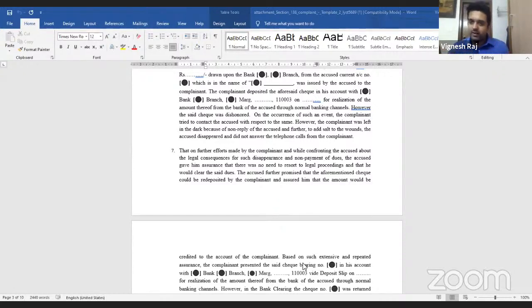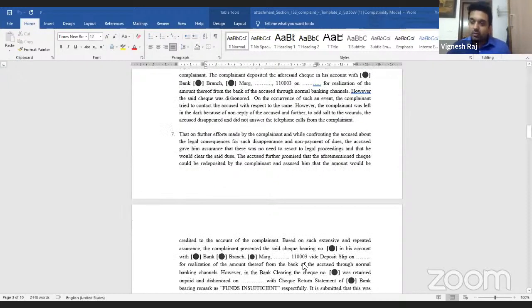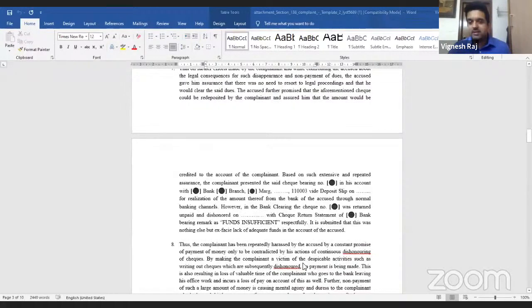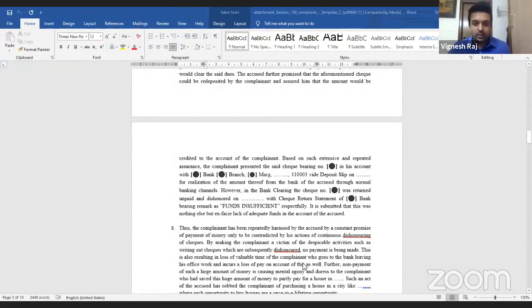It will correlate when the tracking ID number is put into India Post or whichever courier company you choose, and it will disclose that the item has finally been received on such and such date by the accused. The contents of the legal notice, or the legal notice. So that will ensure that you've completed all the requirements that form the basis of a 138 notice.